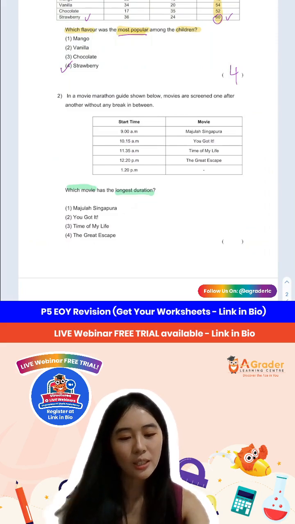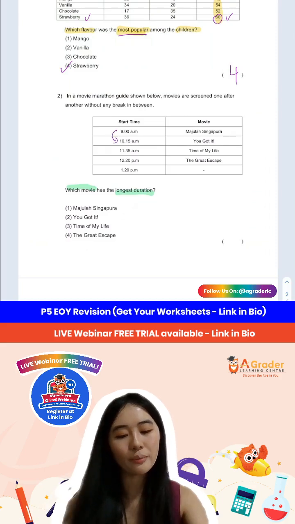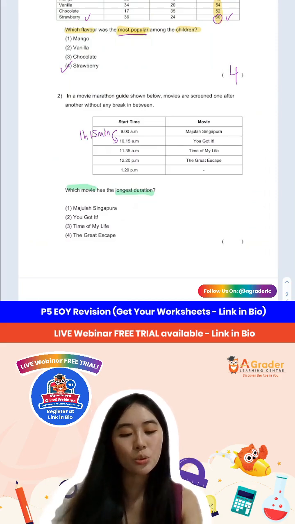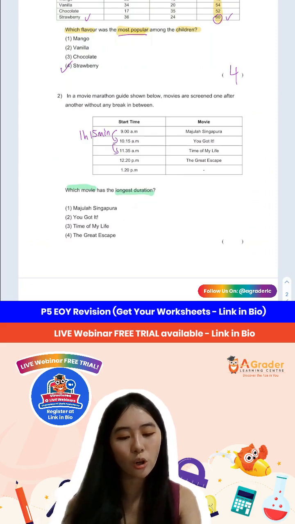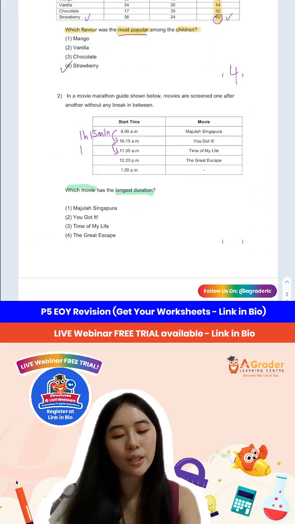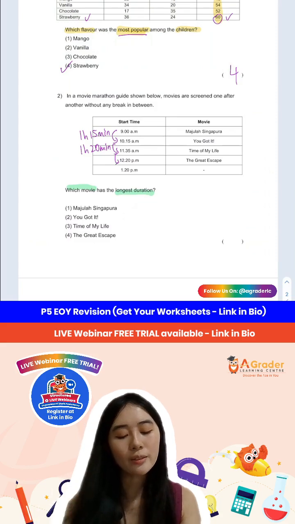Let's go through this. For Majula Singapore, that is the first movie, right? That is from 9 o'clock to 10:15, so that will be 1 hour 15 minutes as the duration. Do the same for the next movie, which is You Got It. From 10:15 to 10:35, that is 1 hour 20 minutes. Do the same for the next one. That will be 45 minutes.